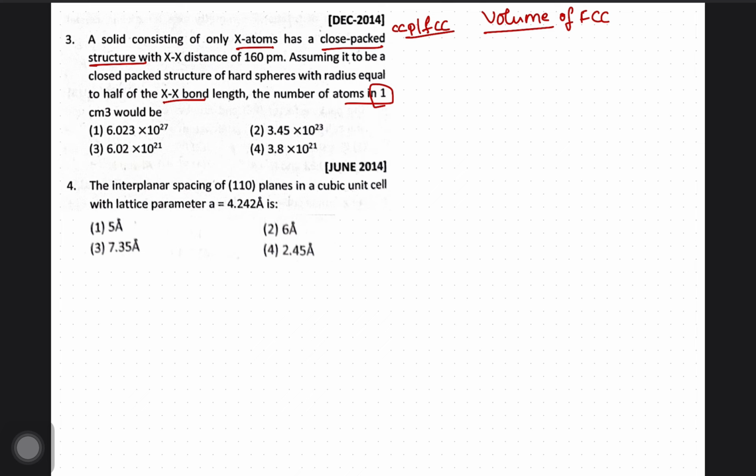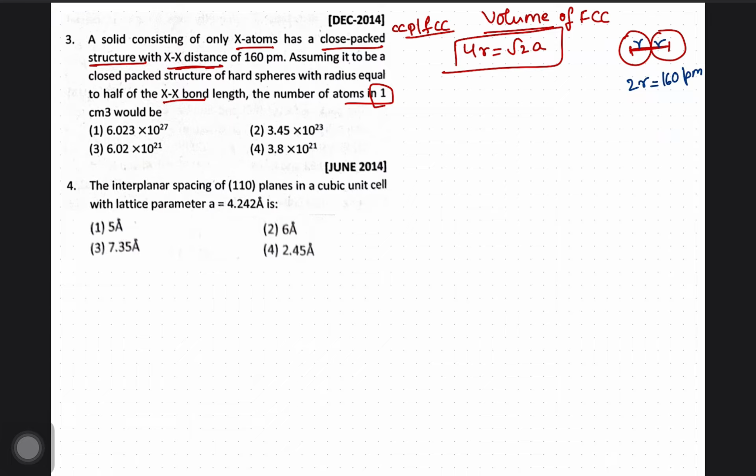For FCC the relation is 4r = √2 a. Now the X-X distance means this one, so 2r value is given, 160 picometer.